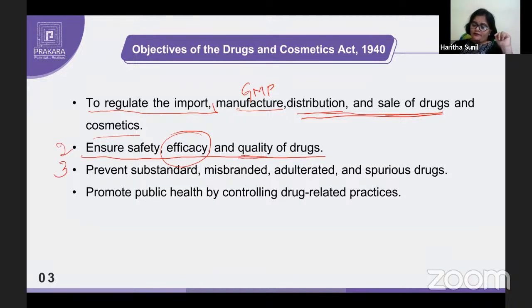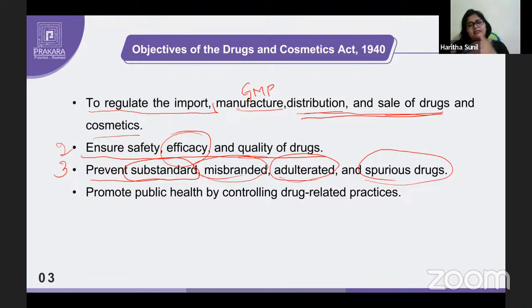Coming to the third objective, to prevent substandard, misbranded, adulterated, and spurious drugs. We will discuss all these in detail in the coming slides. Substandard drugs are drugs failing to meet the quality specifications, so the Act mandates strict action against the manufacturers who are producing such products.